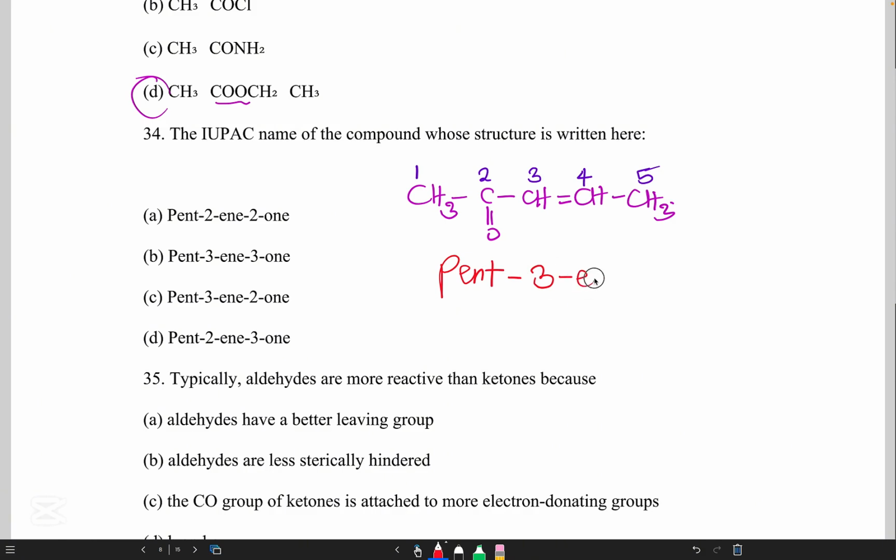So pent-3-en. At position number 2, you have the one group. Pent-3-en-2-one is the name of this compound. All right. So this compound is pent-3-en-2-one, which is option C. Is that okay? So that is the name of that compound.